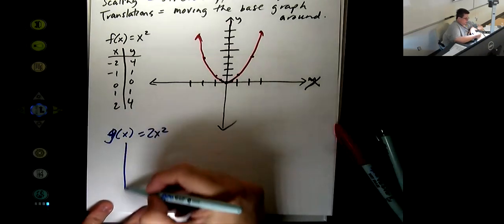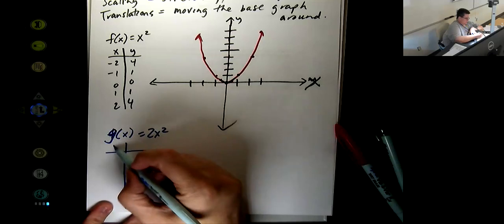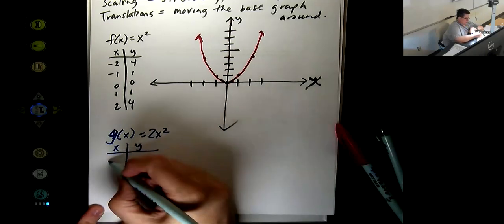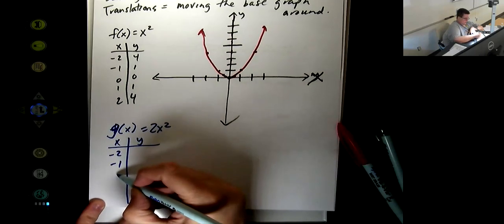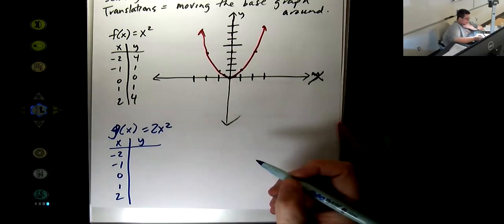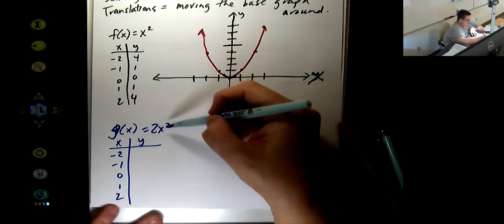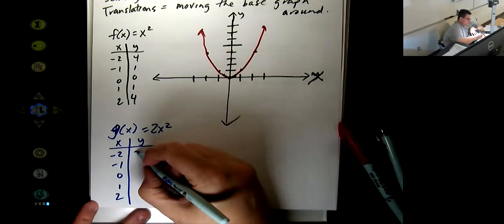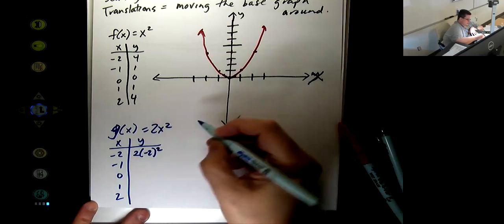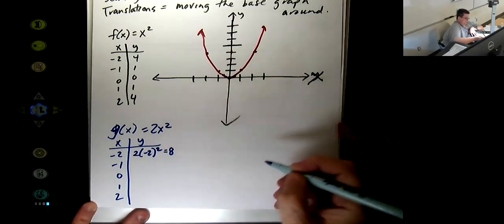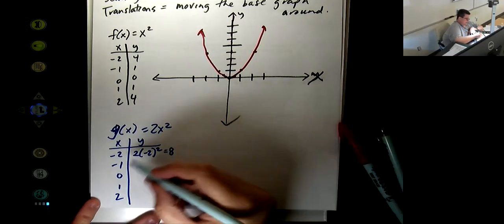Well, when we put it into our table, we'll do the same -2, -1, 0, 1, and 2. But now what we have is 2 times x squared. So this is 2 times -2 squared, that gets us 8.